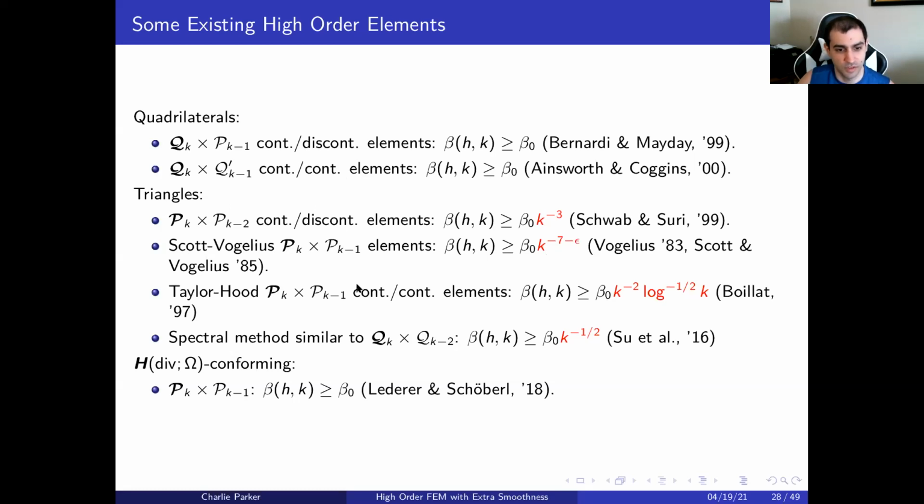There's Taylor-Hood, which is P_k, P_{k-1} continuous. Again, that's been proven to also decay in polynomial order. Same with a spectral element that's similar to Q_k, Q_{k-2}, which also decays. But if you relax the continuity to H(div), then it was shown that the P_k, P_{k-1} elements are uniformly stable.